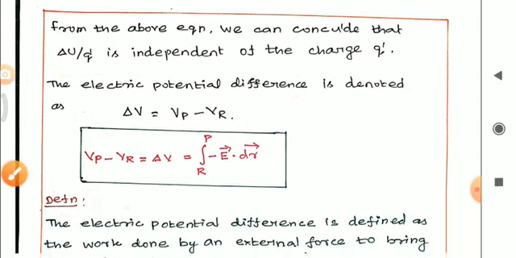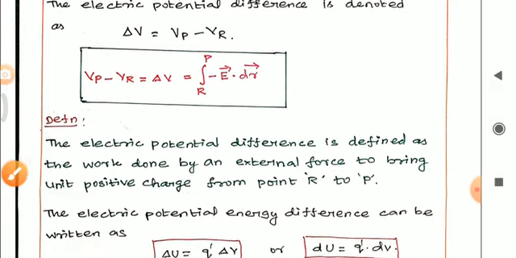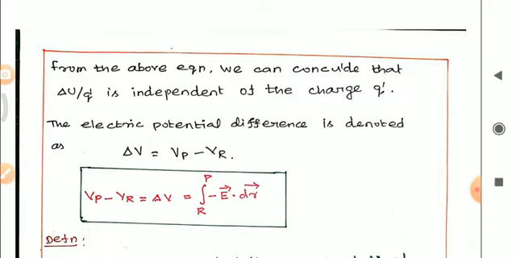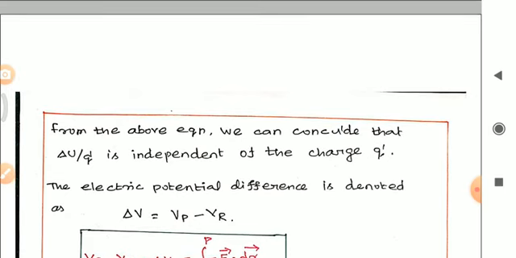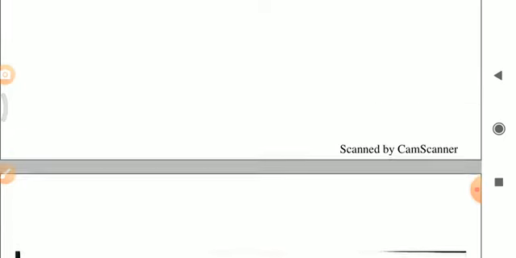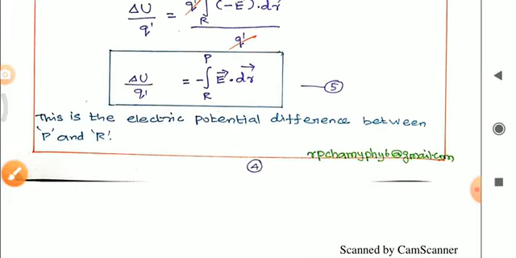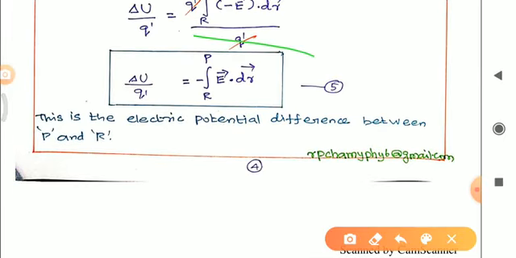Now what is the definition of electric potential difference? Before that we discussed what electrostatic potential energy is: the amount of work done. Then we discussed the electrostatic potential energy per unit charge, given by del u by q dash is equal to minus integral r to p of E vector dot dr vector.